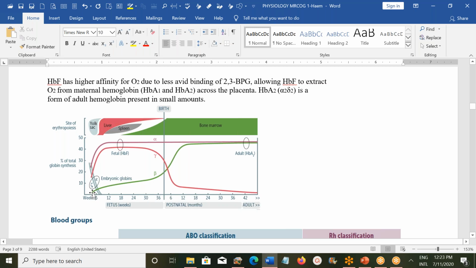In the embryonic period, you are going to see the embryonic hemoglobin. It will continue, then it will increase, and then it will give rise to the adult hemoglobin, because now the person is born. For fetal hemoglobin level, you can see these are the months, these are the weeks. Initially its level is less, and these are the gamma chains, okay?